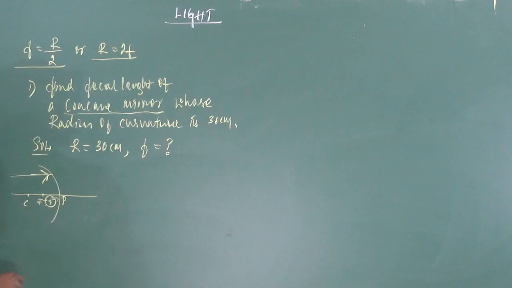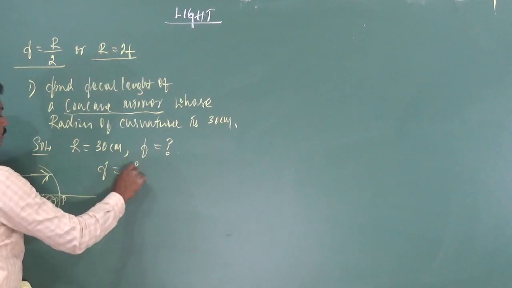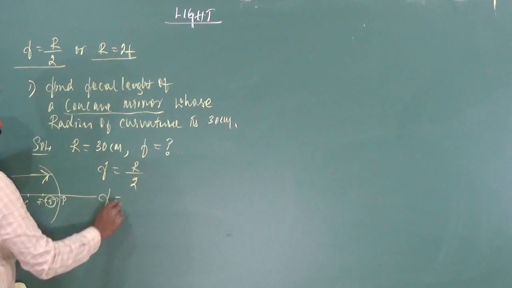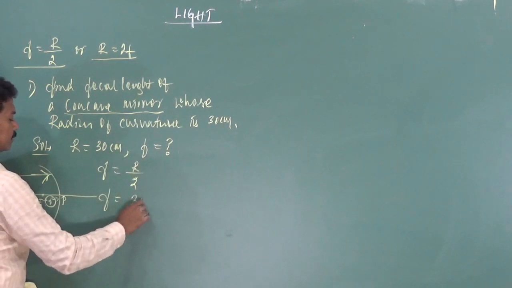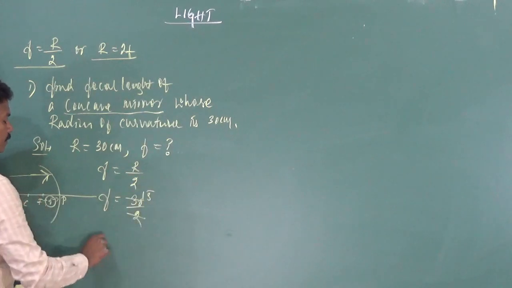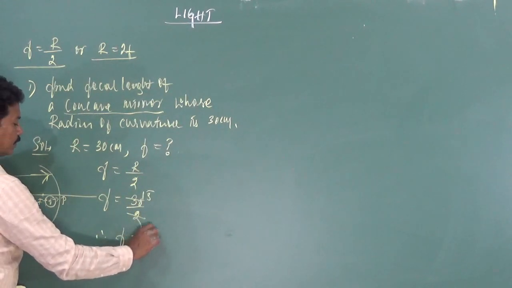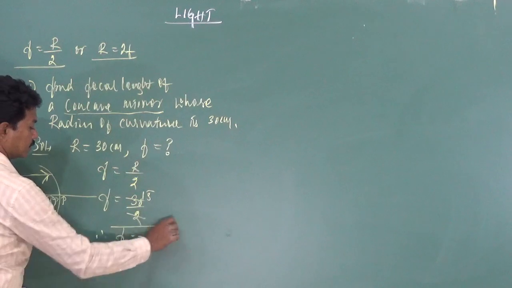Therefore, F is negative. So F is equal to R by 2. So F is equal to R, 30 centimeters, by 2. That comes to 15. Therefore, F is equal to minus 15 centimeters.